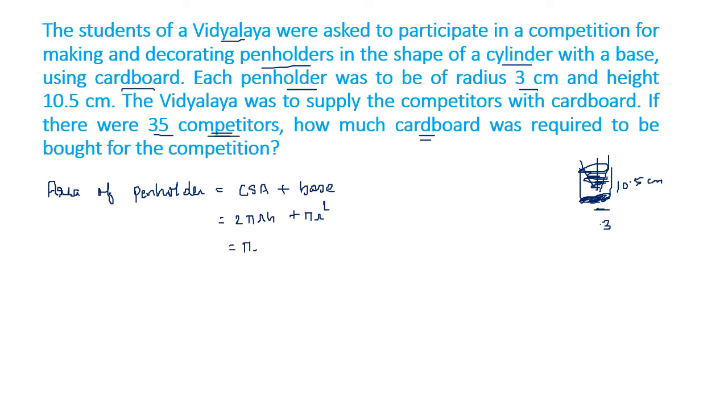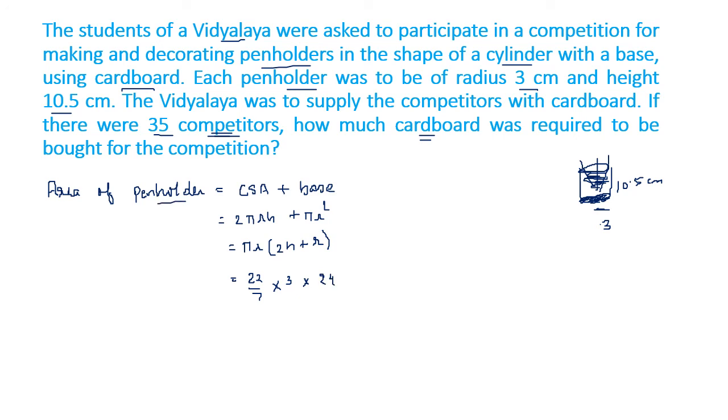So pi r common, 2h plus r. 22 by 7 into r is 3 into 2h. 10.5 plus 10.5 is how much? 21. 21 plus 3 is 24. So this is for the area of the pen holder.